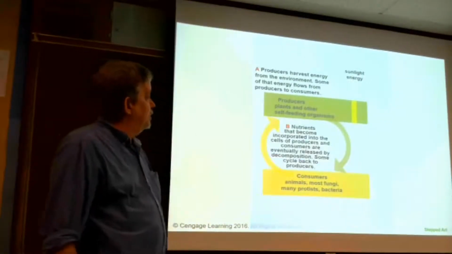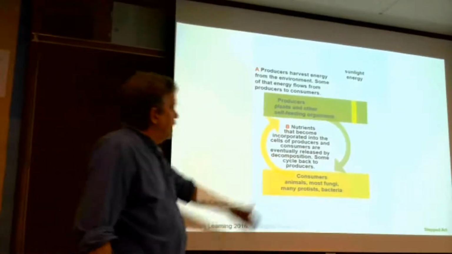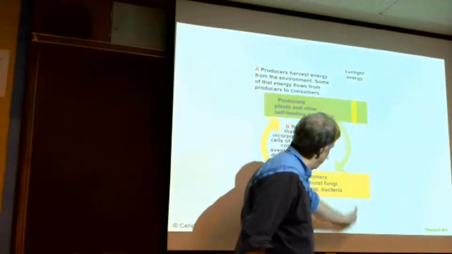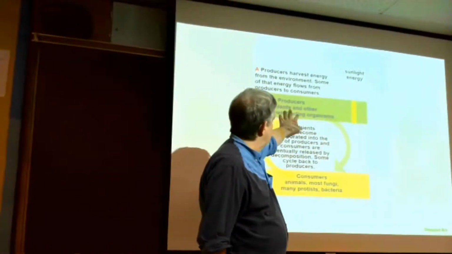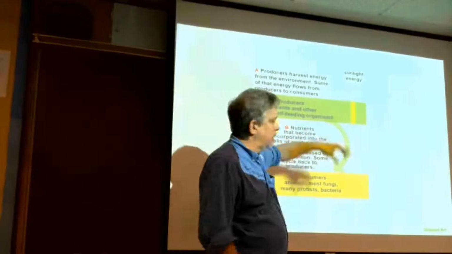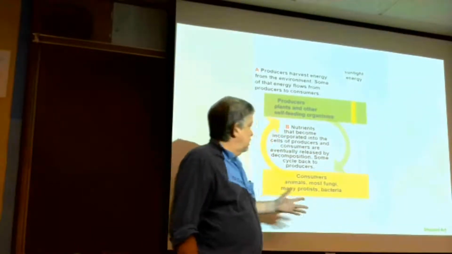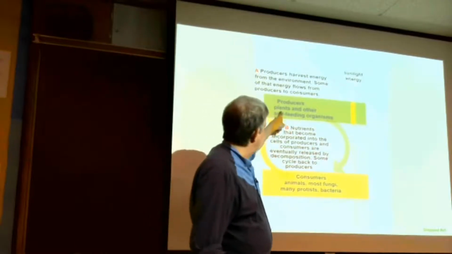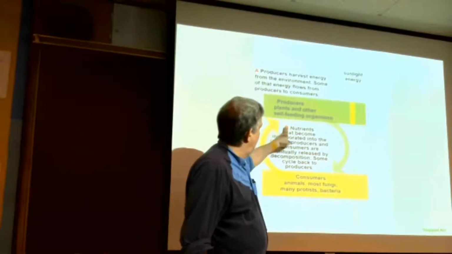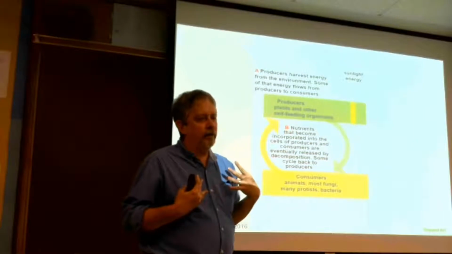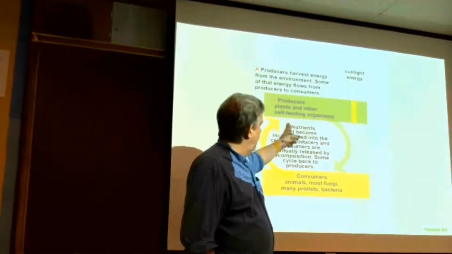And here's a simple little chart that shows how energy is flowing through the system. The producers absorb the sunlight energy and make sugar out of it. Consumers, we are getting our energy by feeding on the plants, and the nutrients that are required in our bodies are recycled.